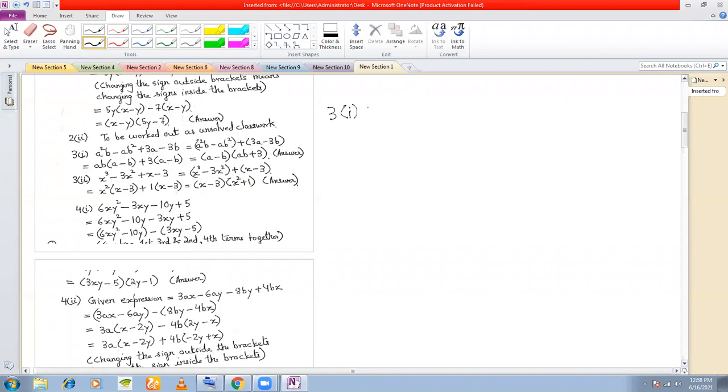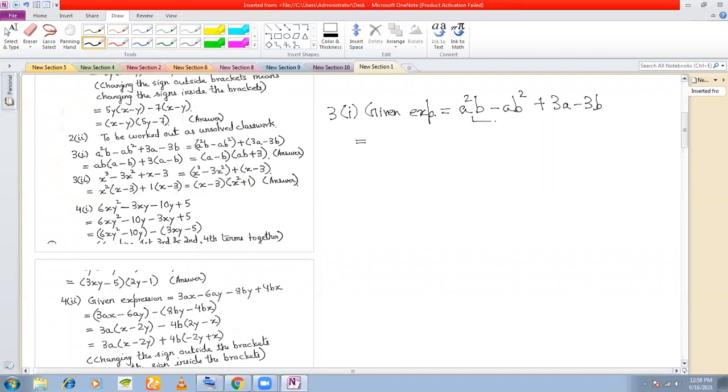Three, 1. Given expression, a square b minus ab square plus 3a minus 3b. Again, we group the first and the second together.